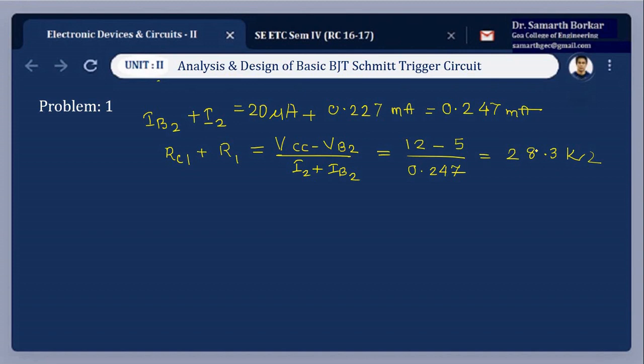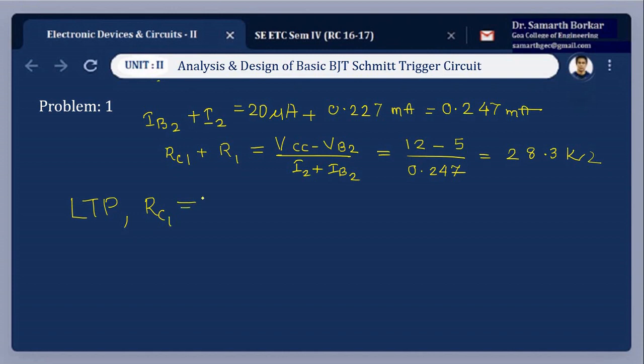So we were able to calculate the value of RC2, R2 and so on. Now when the value of LTP is not specified in the problem statement, RC1 may be made equal to RC2.